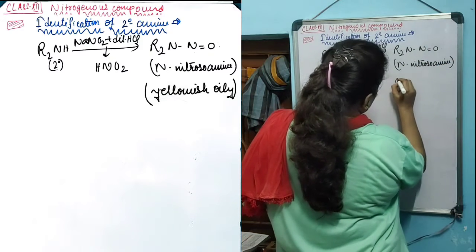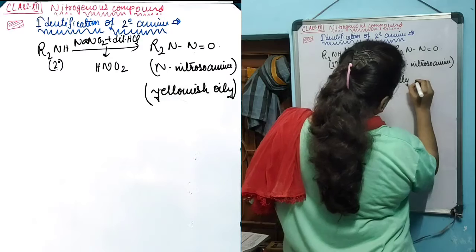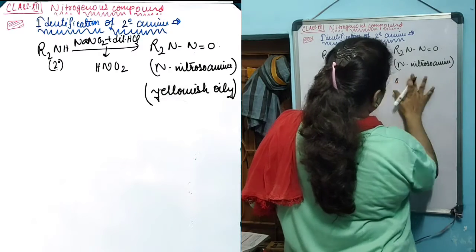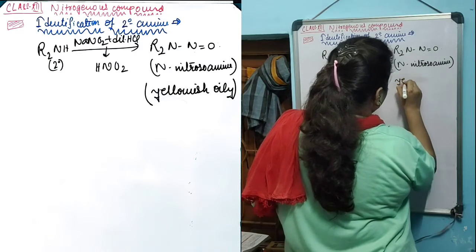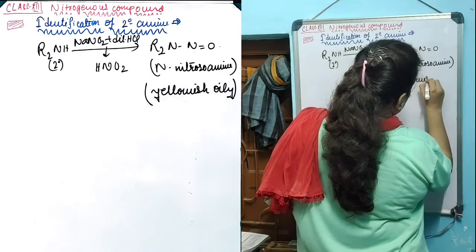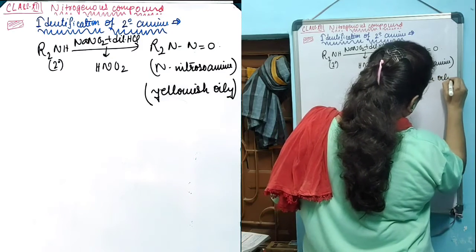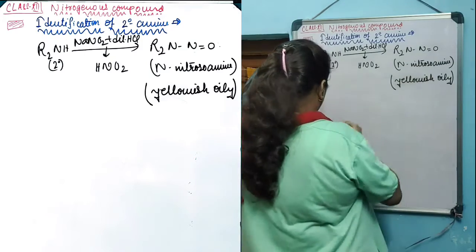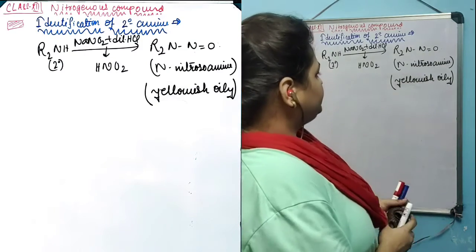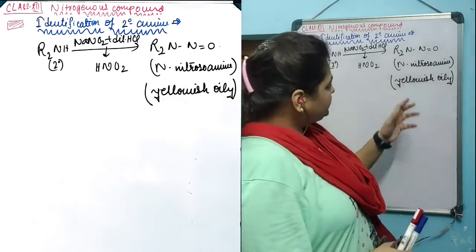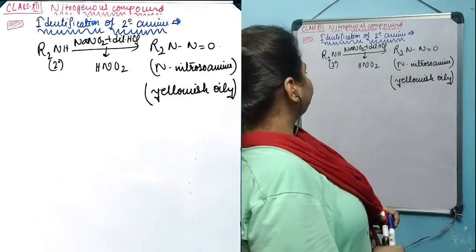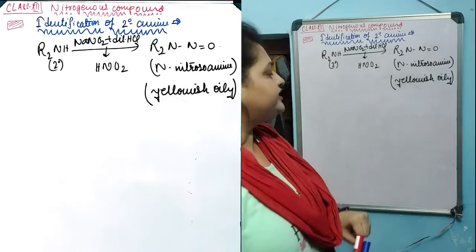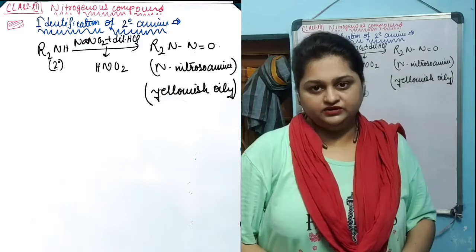This compound is yellowish oily in nature. From the formation of this yellowish oily N-nitroso compound, we identify the initial amine to be a 2-degree amine.